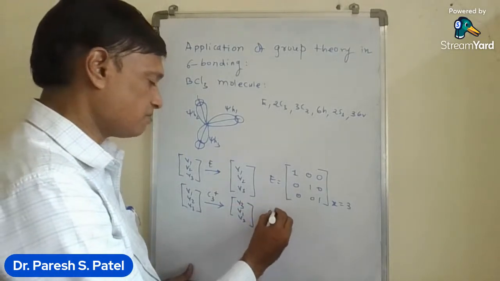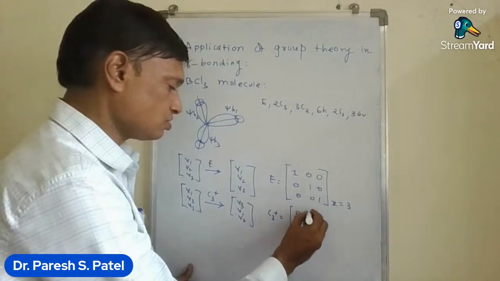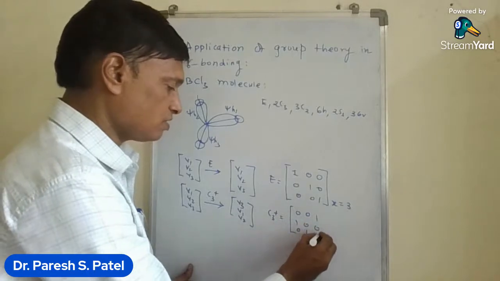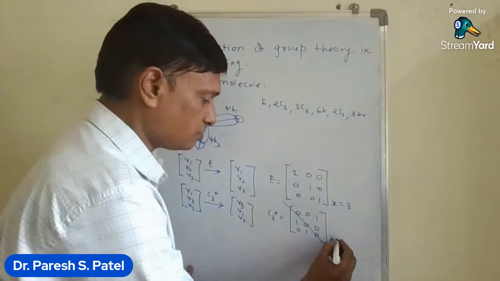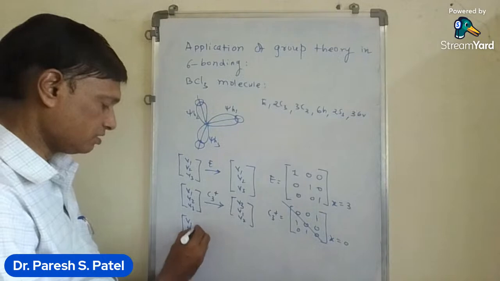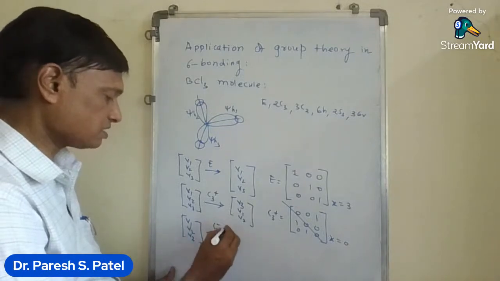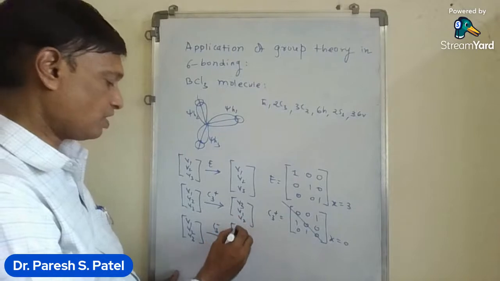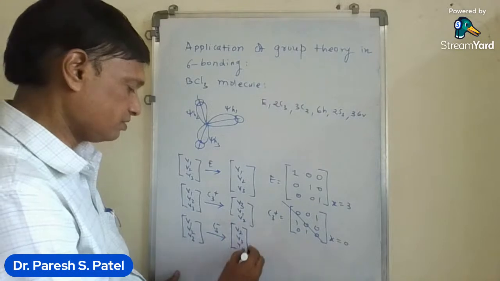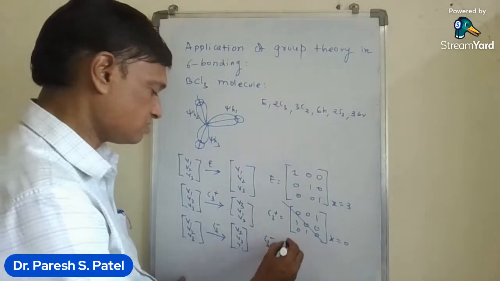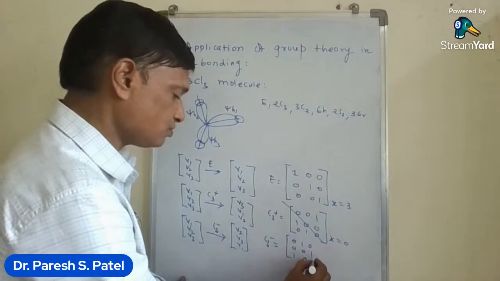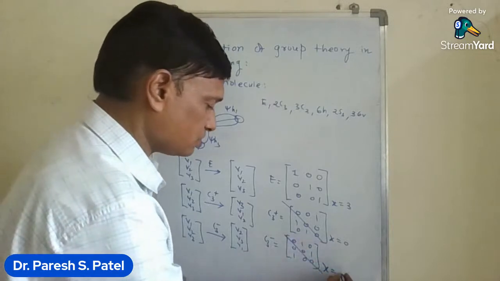So C3 plus can be represented as 0 0 1, 1 0 0, 0 1 0, and the character is equal to 0. Similarly, if we operate C3 minus, we get V2, V3, and V1. C3 minus is equal to 0 1 0, 0 0 1, 1 0 0. So again the character is equal to 0.